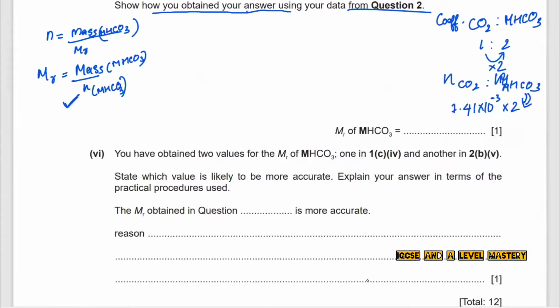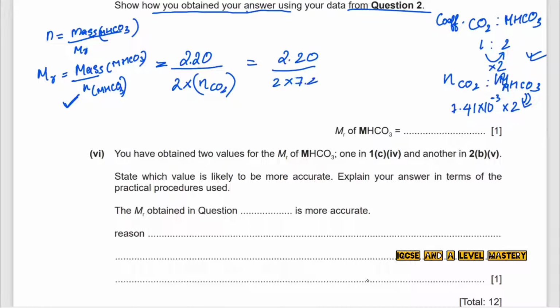So we will use that mass, 2.20, divided by 2 times the number of moles of CO2, because that is the ratio of coefficients we found. So that is 2.20 divided by 2 × 7.41 × 10^-3.